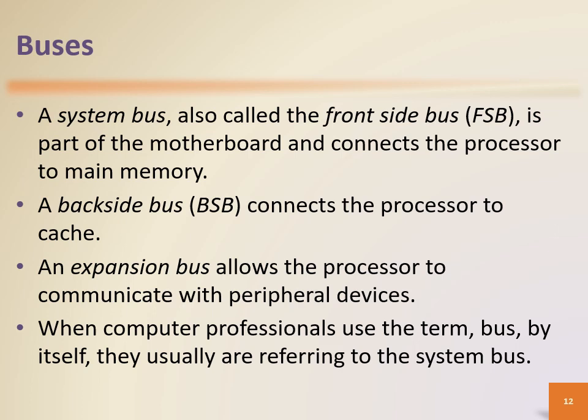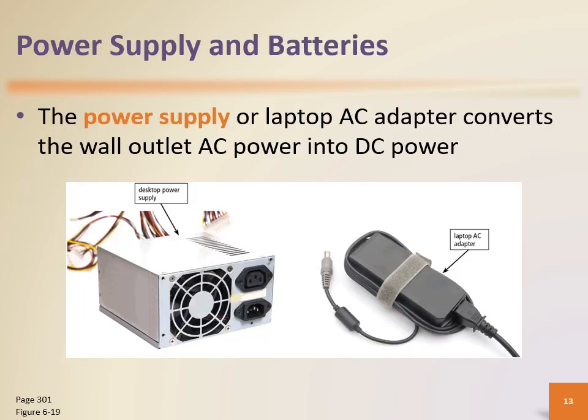So these are those definitions that I have just discussed. Then we have power supplies and batteries. Many personal computers are plugged into standard wall outlets which supply alternating current of 115 to 120 volts. In Pakistan we have 120 volts. This type of power is unsuitable to use with a PC or mobile device, which requires a direct current ranging from 5 to 15 volts.